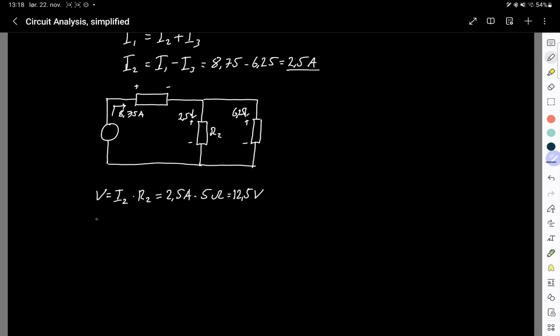Let's find the voltage drop over that one. We'll call that V2, V3. So V2 is here, and V3 is here. That's I3 times R3. That's going to be 6.25 amps times 2 ohm.